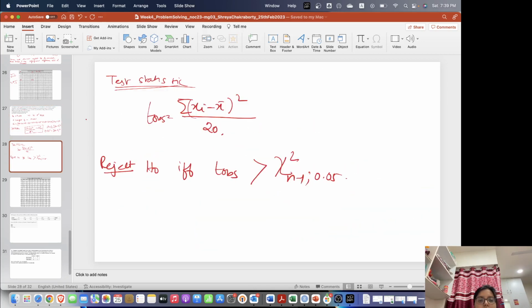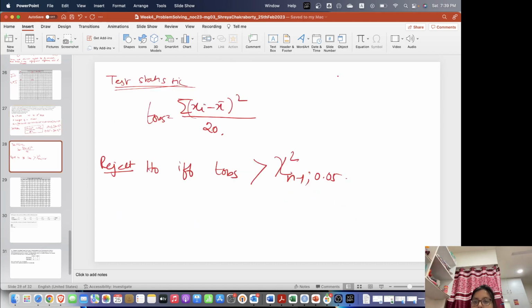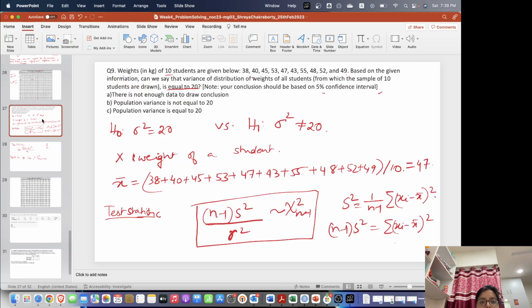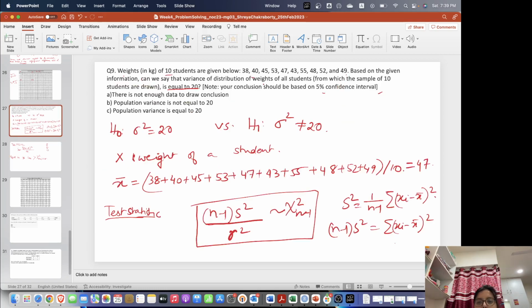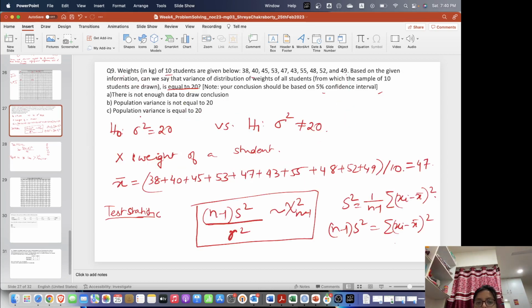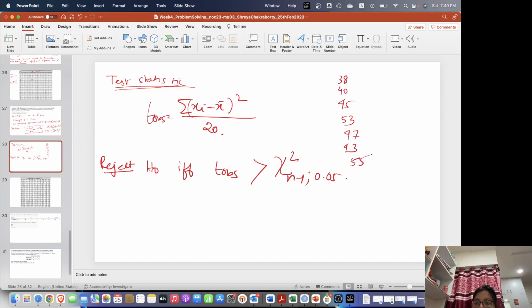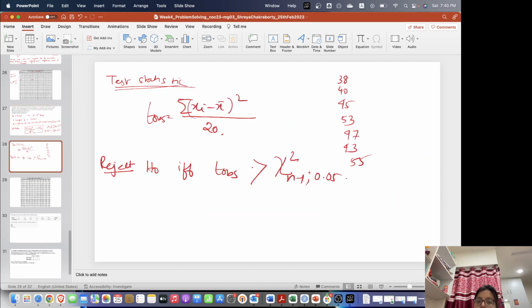So the task remains to find out summation xi minus x bar whole square. So here we have 10 observations: 38, 40, 45, 53, 47, 43, 55, 48, 52, 49.